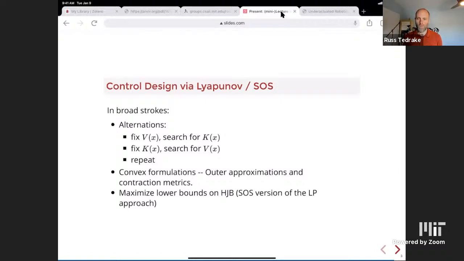So could you use this alternate approach to find lambda, rho, and V at the same time?